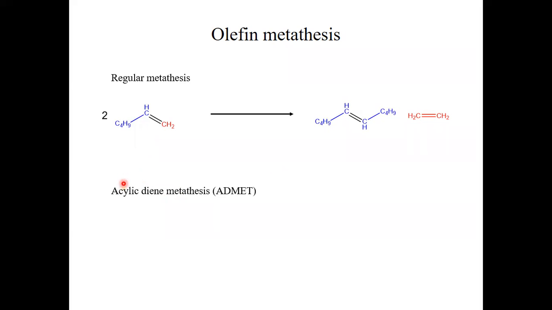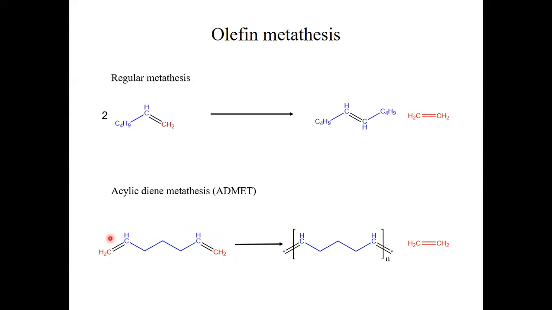So another form of metathesis is the so-called acyclic diene metathesis, ADMET. That is a way to form polymers. So in this case, you have a diene with two terminal carbon-carbon double bonds.